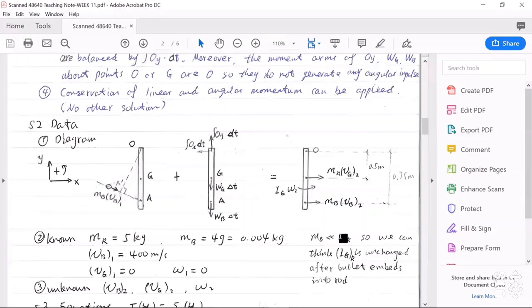So when we calculate the MMI of this slant rod after the bullet becomes embedded into the rod, we can neglect the influence of the mass of this bullet. It's too small.